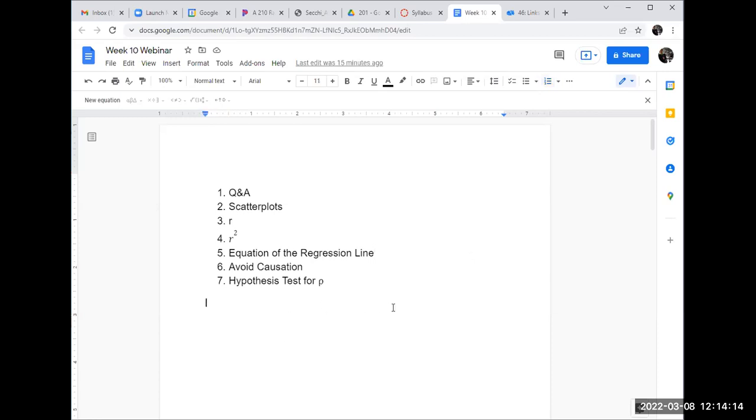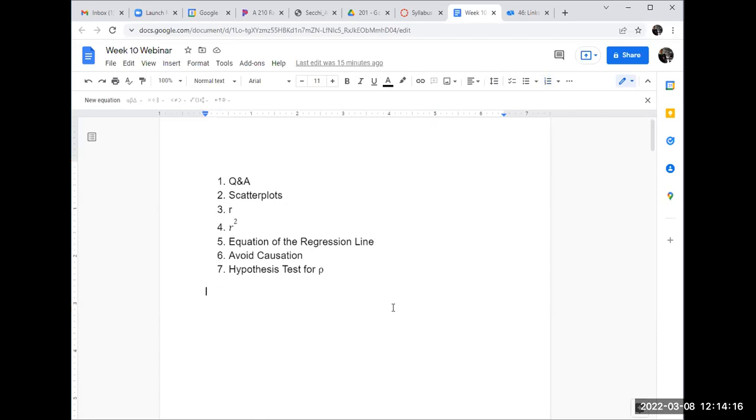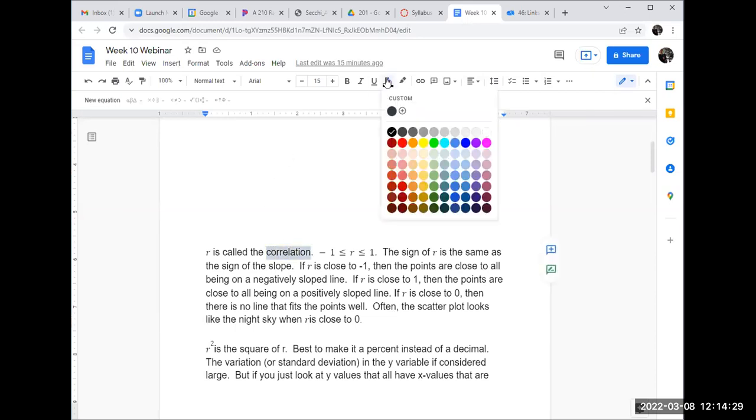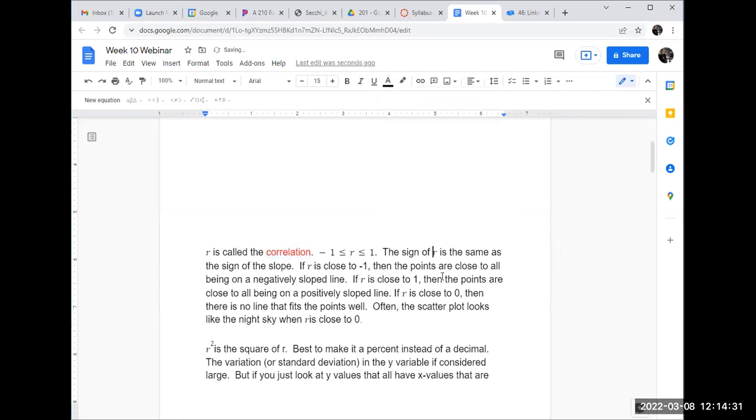All right, so I want to mention a few things. I'm going to talk in general first, and then we'll do an example. In general, we're going to have what's called the correlation. You've probably all seen or heard the word correlation and had a somewhat light feel of it. Even after this class, you're not going to have a heavy feel of it.